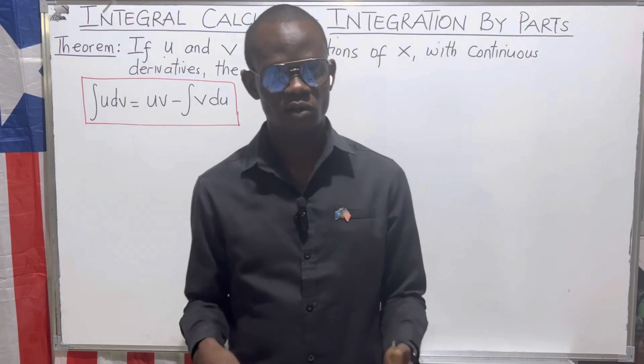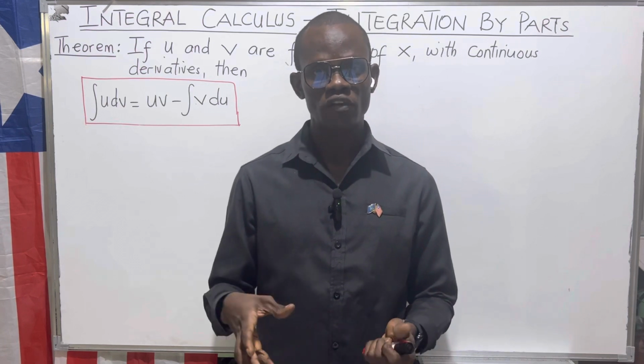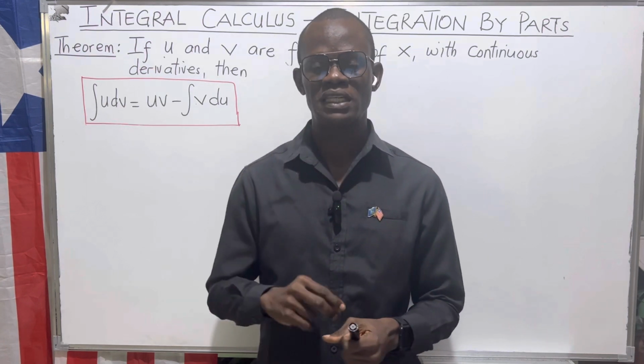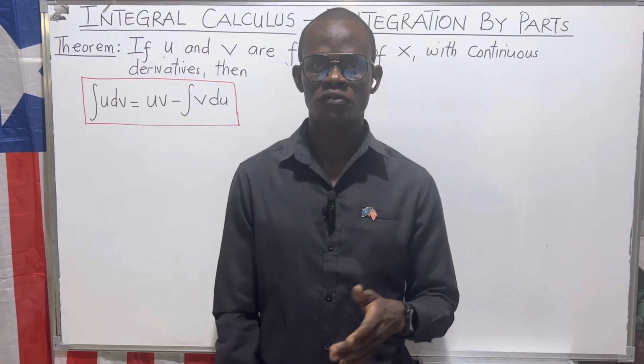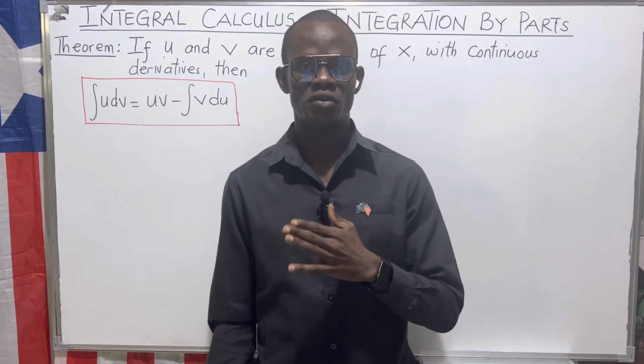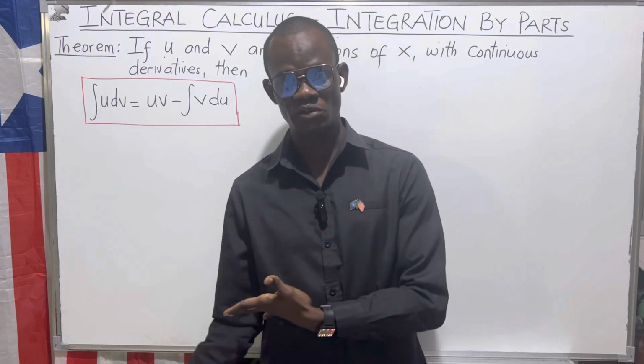Integration by parts is a method that is used to solve an integral problem that involves the product of two functions. Say we have x ln x. That's a product of two functions, so we use integration by parts.